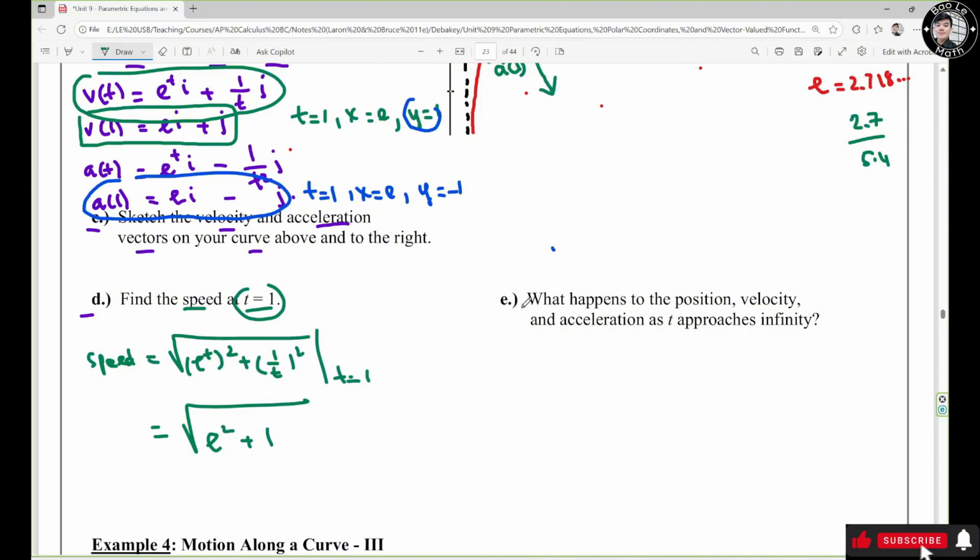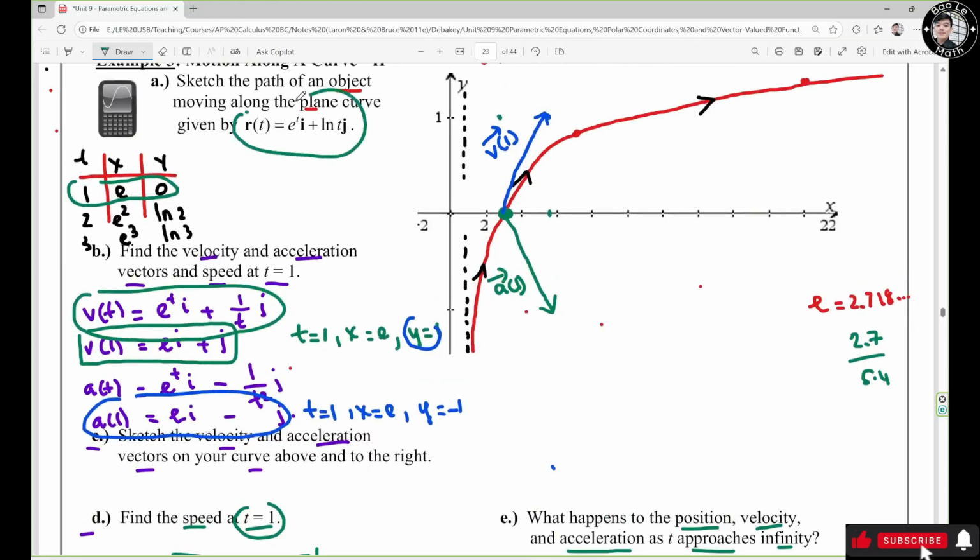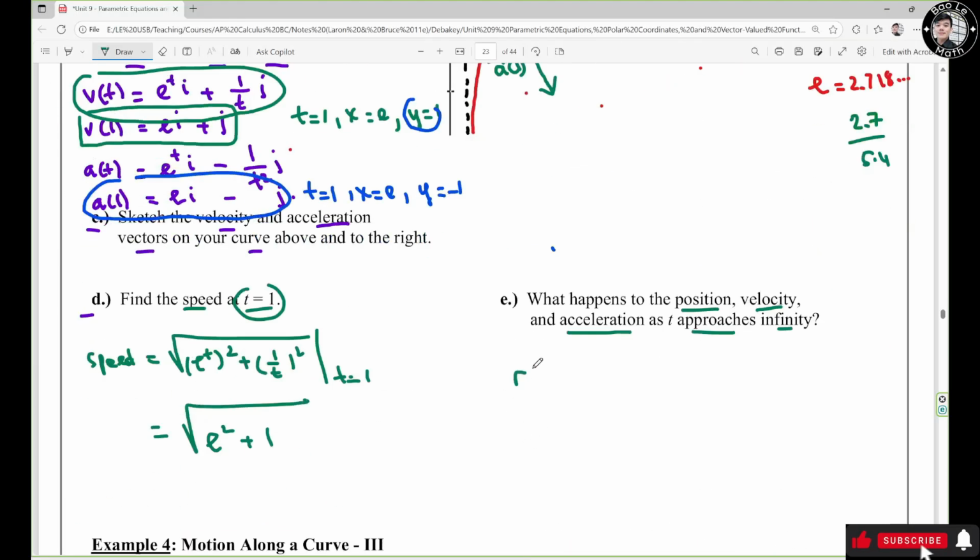Now, question E. What happens to the position, velocity, and acceleration as t approaches infinity? Now, you look at the position function r of t right here. So r of t equals e to the t i plus natural log of t j.